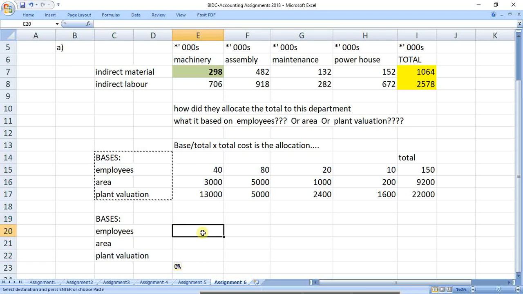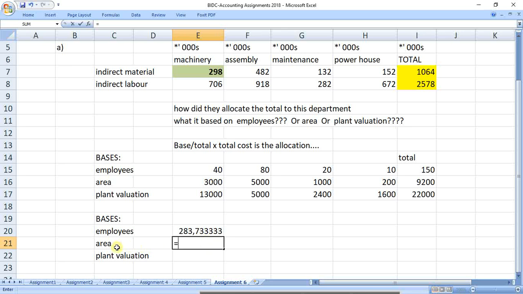Employees: that cost, times the employees, divided by the total, gives me 283. But 283 is not 298, so that can't be right.